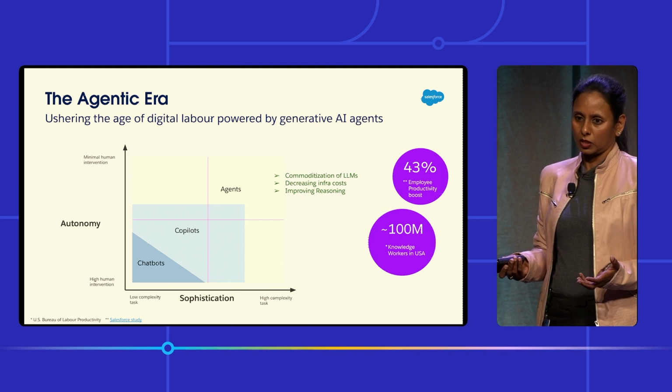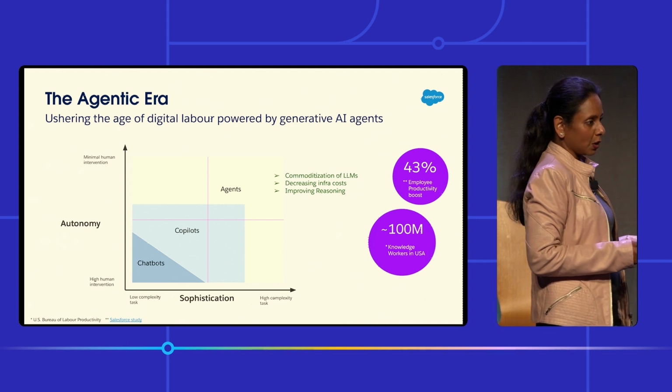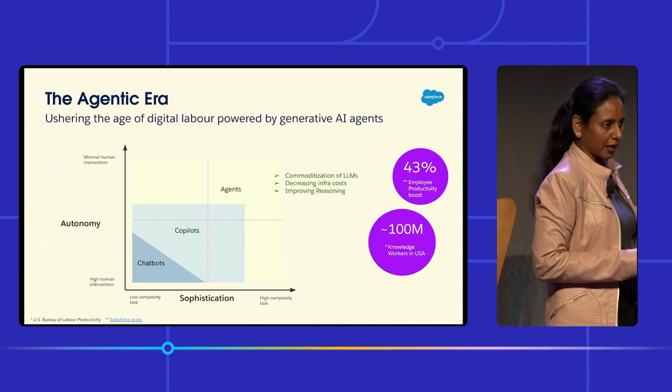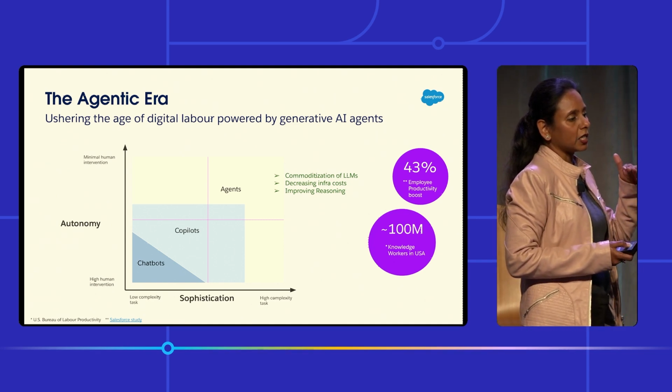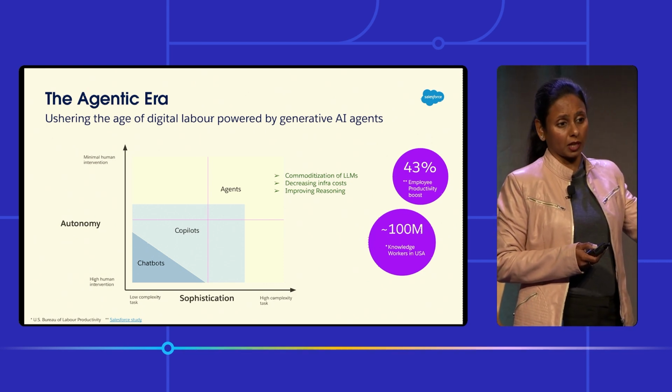Let me share an interesting fact with you. Do you know that there are close to 100 million knowledge workers in the United States? The interesting part is, according to the US Bureau of Labor Statistics, the growth rate in the productivity of these knowledge workers has stayed stagnant over the last few years.